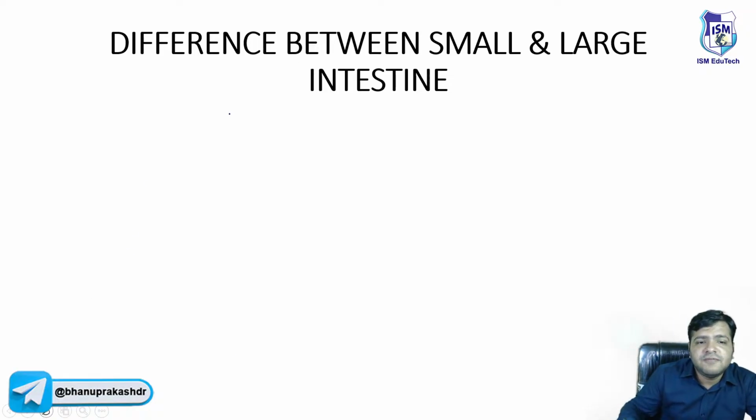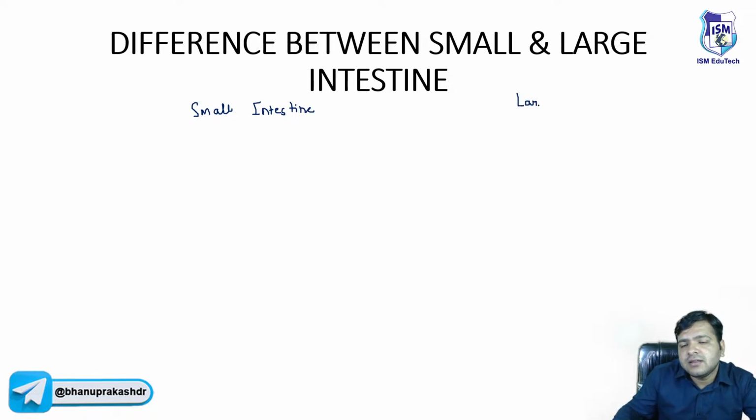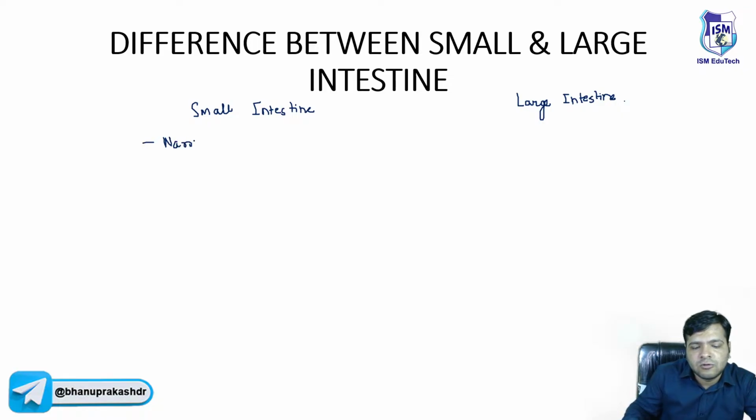Now, beta, remember that if we talk about the small intestine, and on the other hand, the large intestine: the small intestine is narrow and more mobile, except the duodenum. The duodenum is the fixed part of the small intestine.